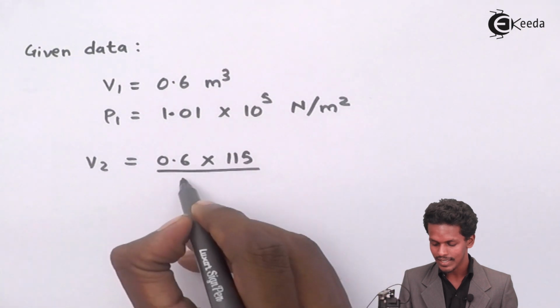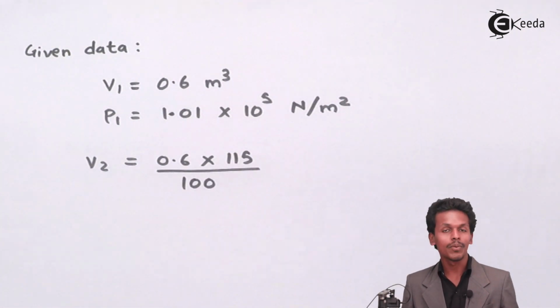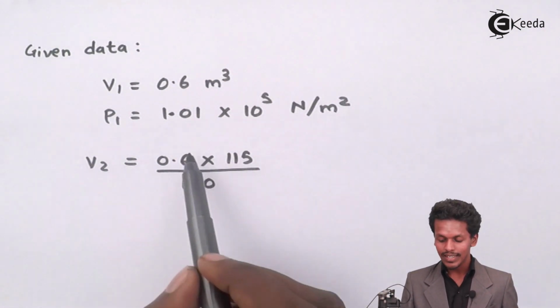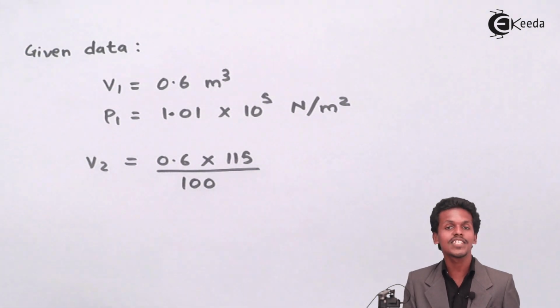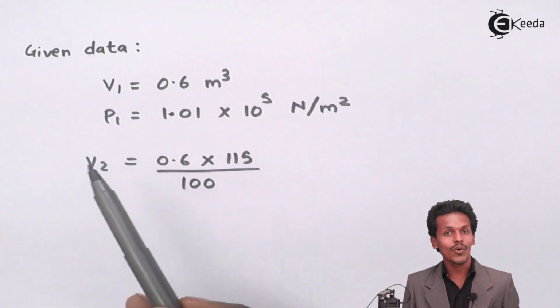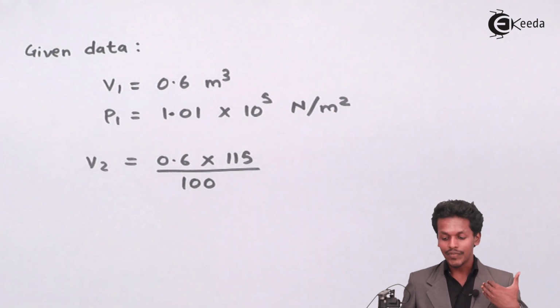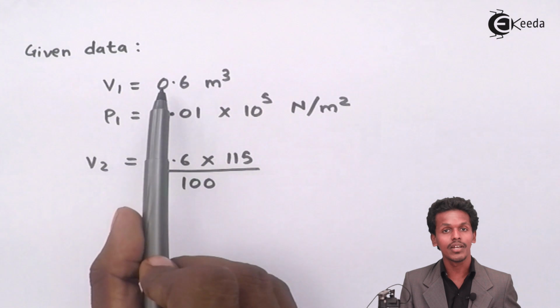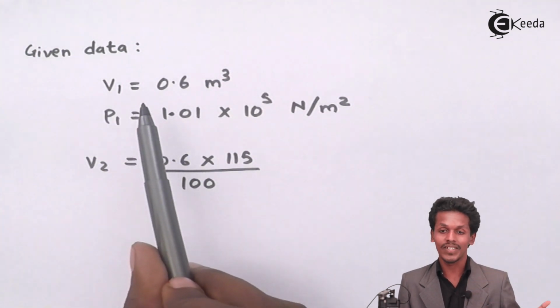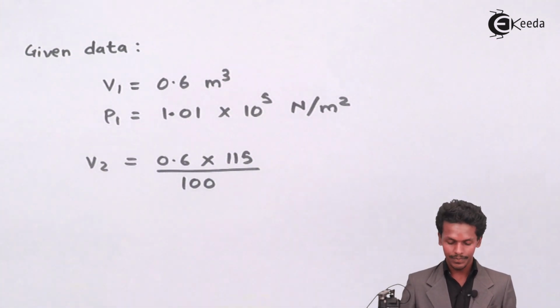So I am dividing it by 100. Now this is very easy to calculate, so let us see what answer we get for the volume V2 if 15% is increased from the initial volume, which has a value of 0.6. So let us calculate it.